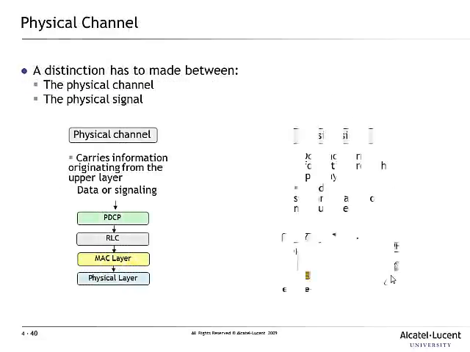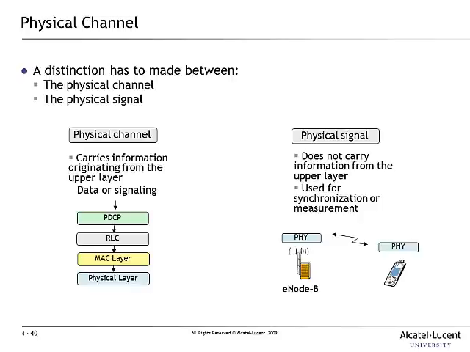So there are 2 terms, physical channel and physical signal. When we talk about physical channel, we are talking about information that's coming from the higher layer, whereas a physical signal does not carry information from the upper layer, but is used for synchronization and measurement. Sometimes you need to take measurements and you need signals to synchronize a mobile.